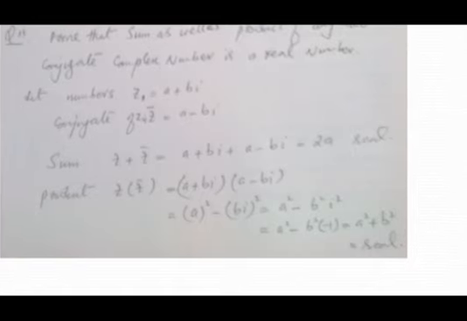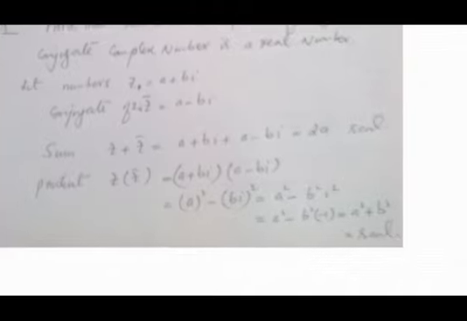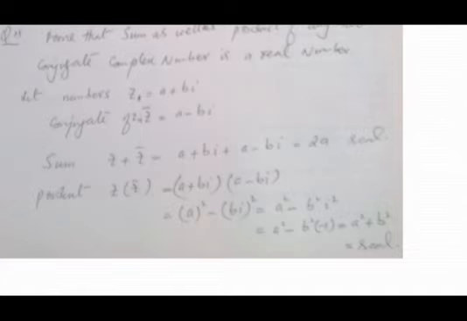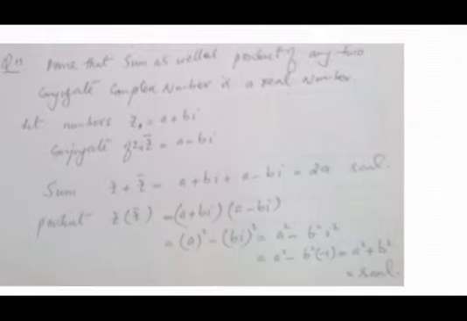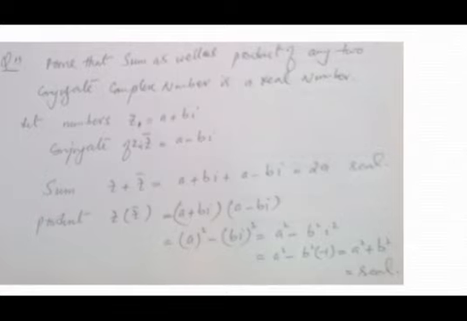The sum of the complex numbers is a real number because iota cancels, and the product of the complex numbers is also a real number. Sum and product both are real numbers.